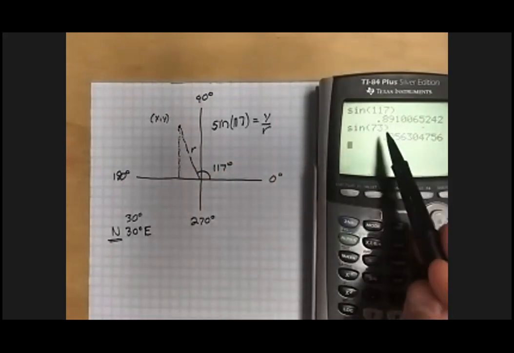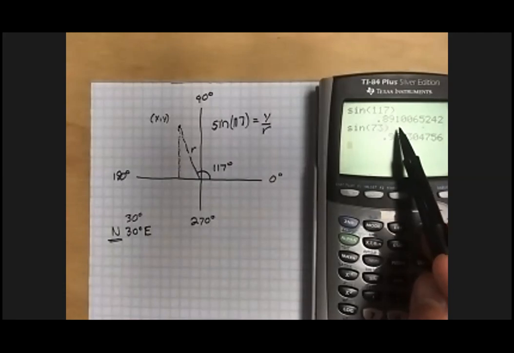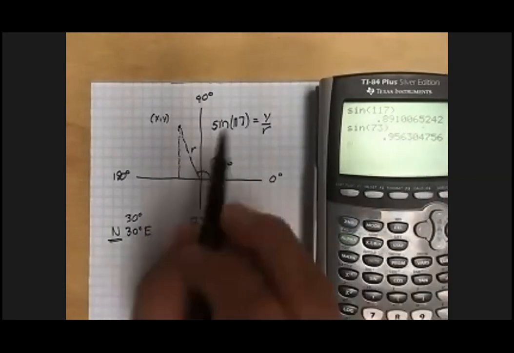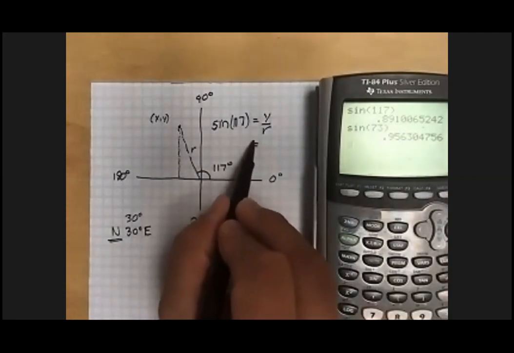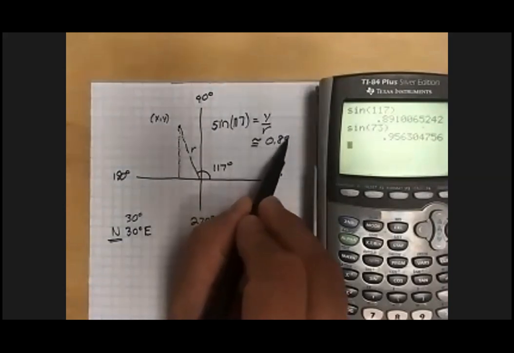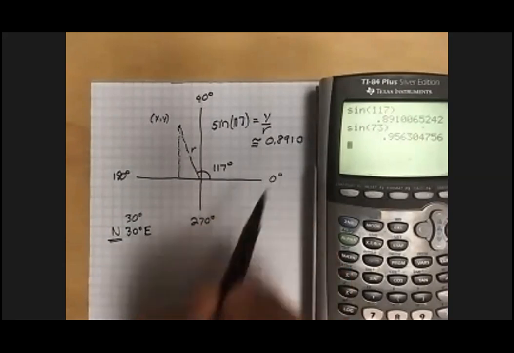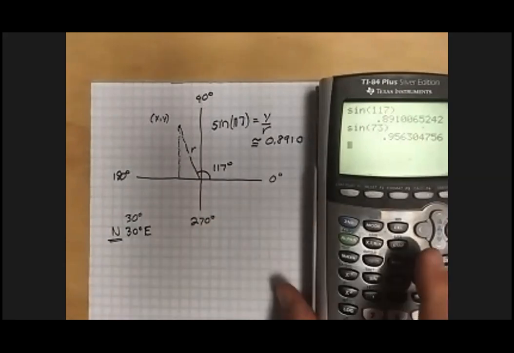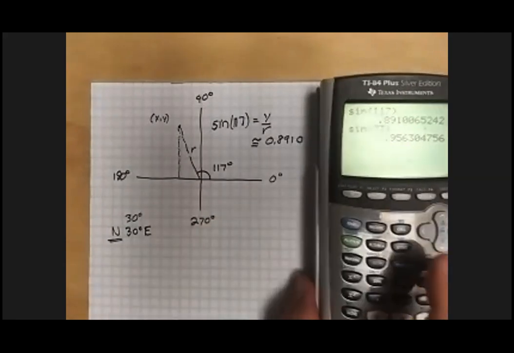So when this says the ratio of y to r is 0.8910, let's approximate it as 0.8910. And you know what?